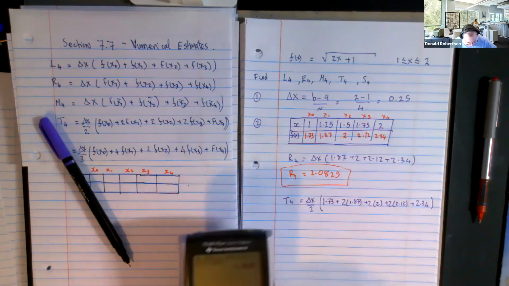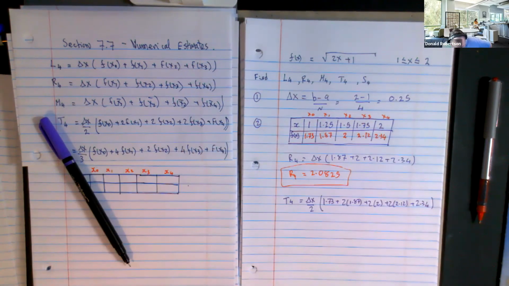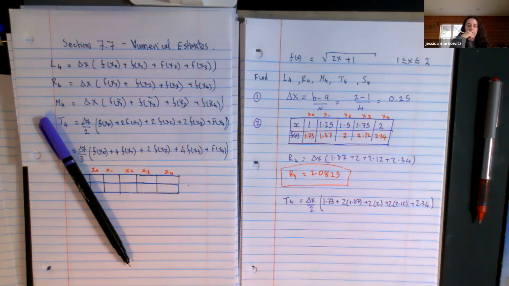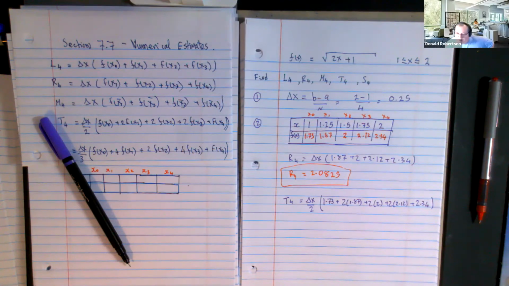Now, if it continued past x4, would you multiply the two still by everything except the first and the last value? Correct. So if you did an L10, God, please don't have an L10 question. That would drive me crazy.